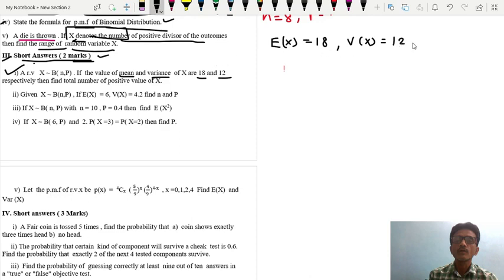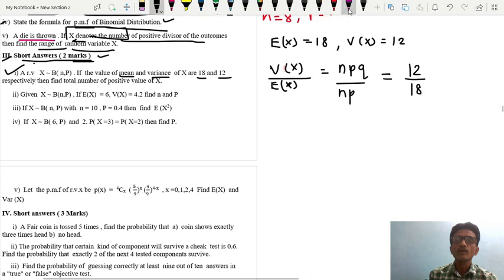So wherever Ex or Vx is given, we find the ratio Vx divided by Ex. The formula for Vx is npq, the formula for Ex is np, and Vx is given as 12 and Ex is 18.